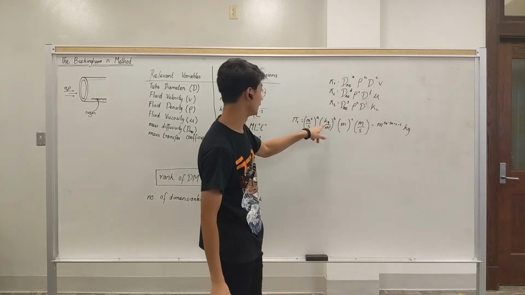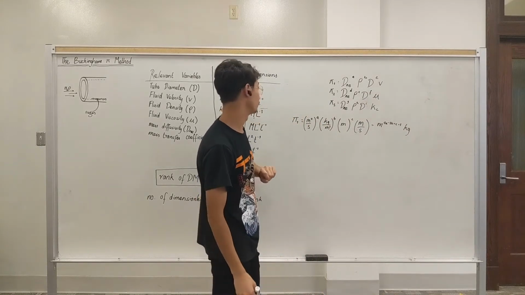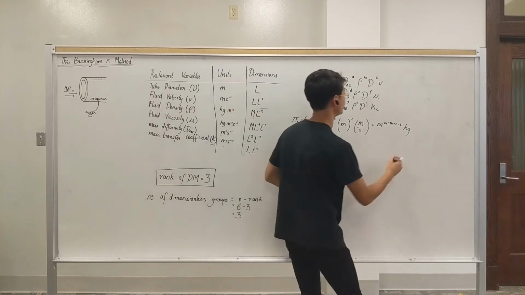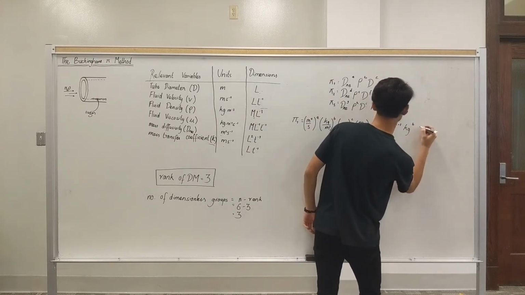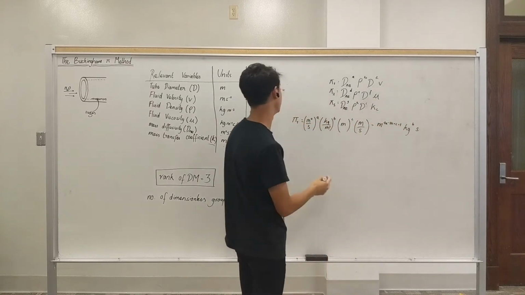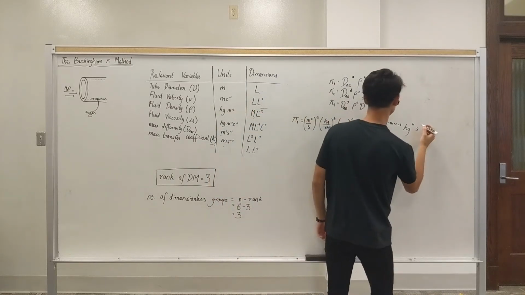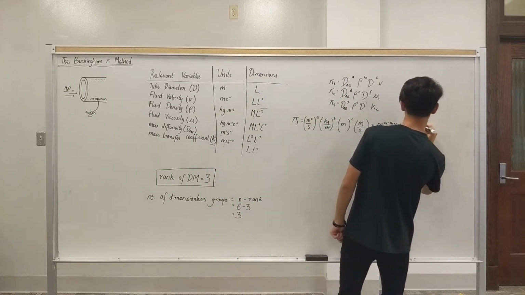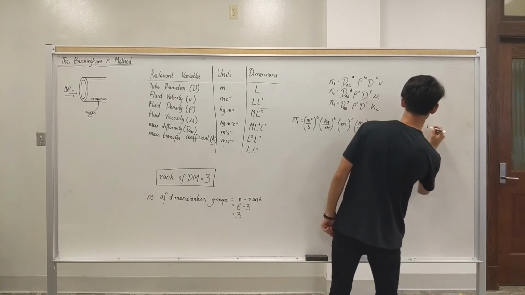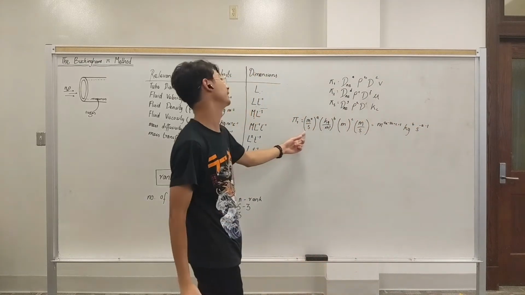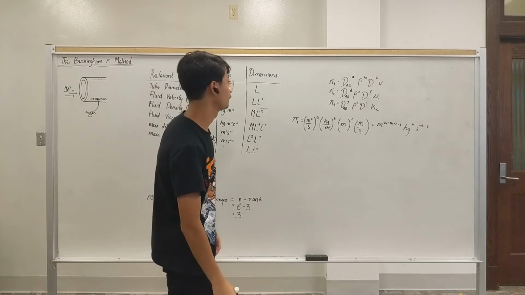For kilogram, we only have 1, so that's going to be kilogram raised to the power of b. And then finally, seconds, that's going to be raised to the power of a and 1. So that's raised to the power of negative a minus 1, because these both are in the denominator, so we'll have to use negative power.